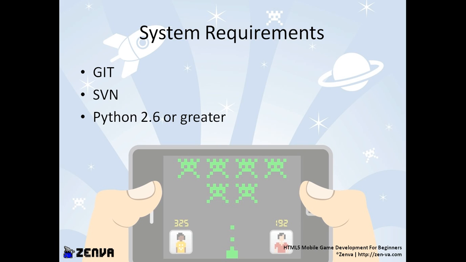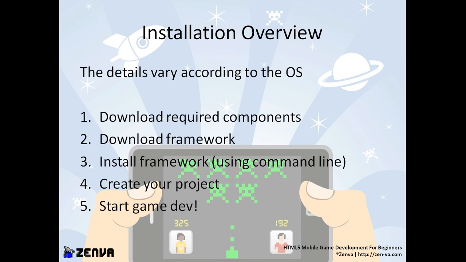You don't really have to care. You just need to have it installed. Git, SVN, Python 2.6 or greater. That's good news for Ubuntu and Mac users because their operating systems already come with Python, so they just have to install those two.